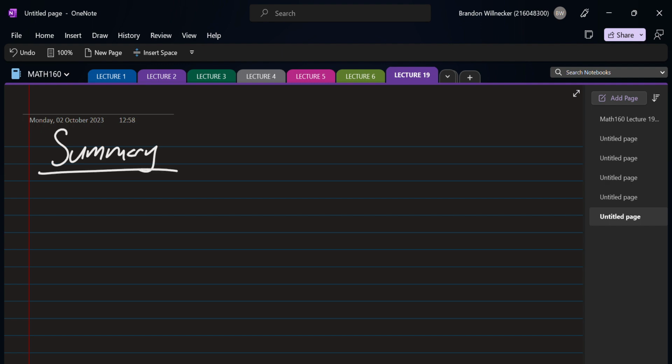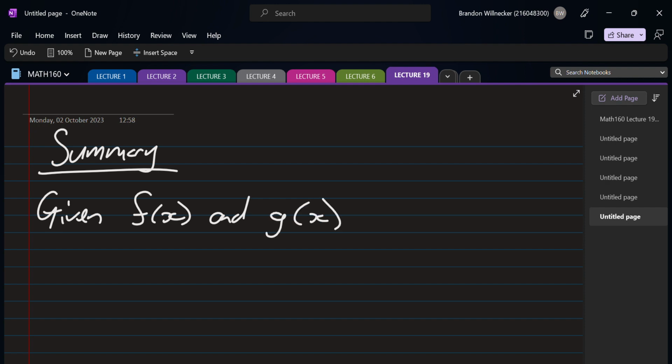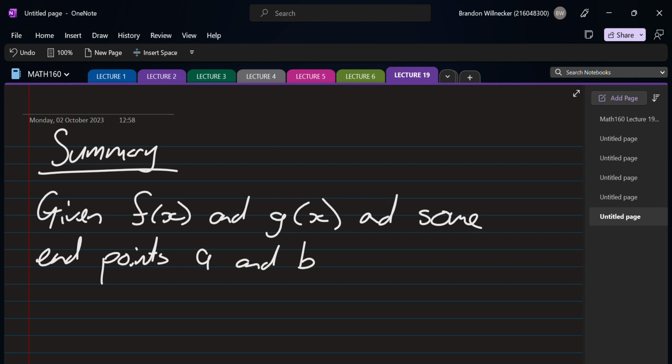Okay, so let's say we have some function f and some function g. I'm not going to say which one's upper or which one's lower. Okay, we might not know. And some endpoints a and b.